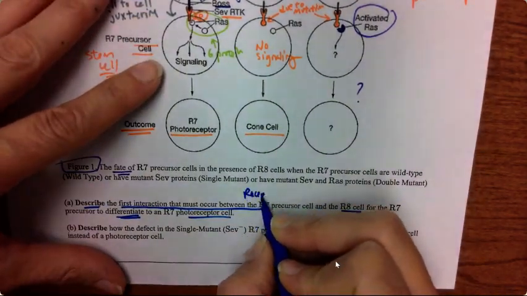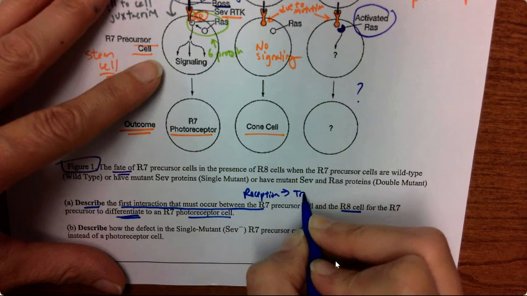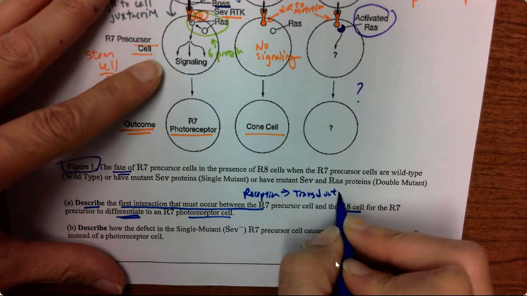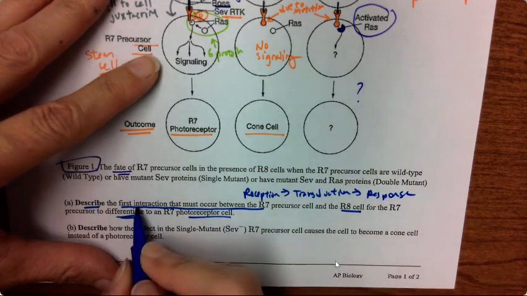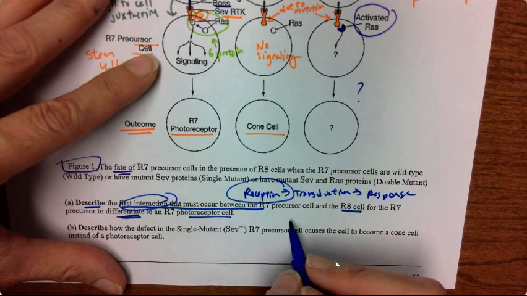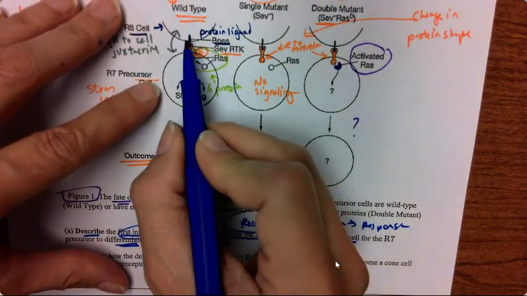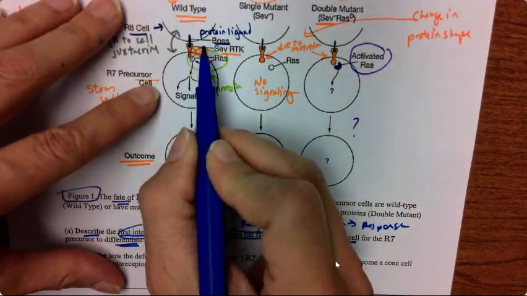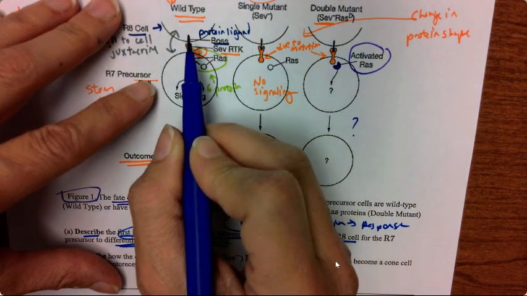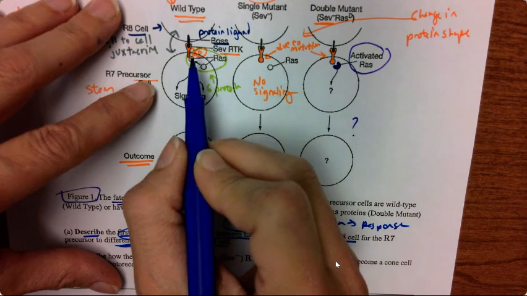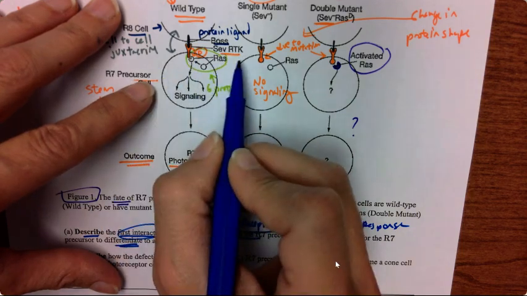You have to have reception, you have to have transduction, and then your response in this case is turning into a photoreceptor cell. So the first interaction has to be about reception. And the very first thing that happens is it looks like this ligand bound to this receptor. So I would say for this one, the protein ligand binds to the cell surface receptor, SEV-RTK. That would be what I would say.